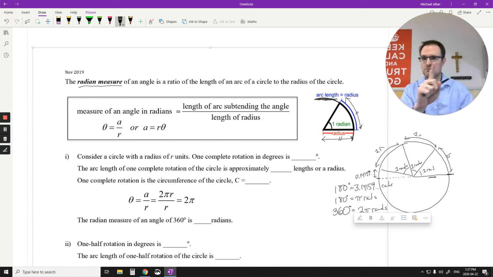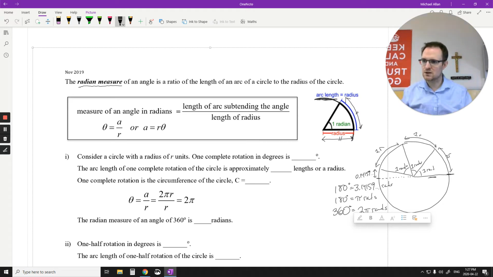So if I know this distance, I know the angle. Say this distance was 5 and the angle was 1 rad, then this part of the circle on the outside here would be 5 as well. My radius was 5, 1 rad, 5. If it was 2 rads, this arc length would be 10. My radius was 5, 3 rads.